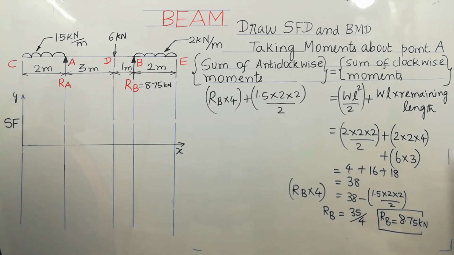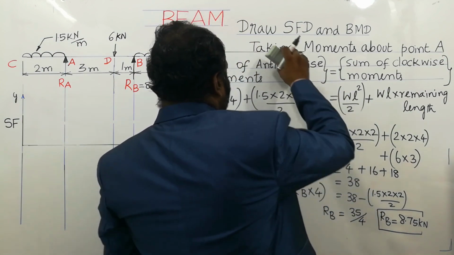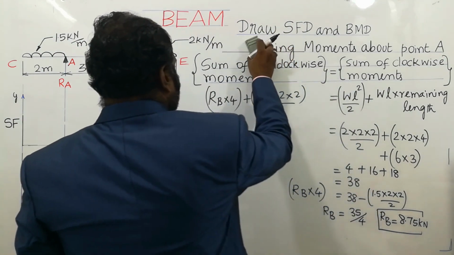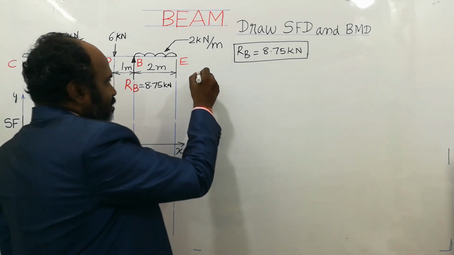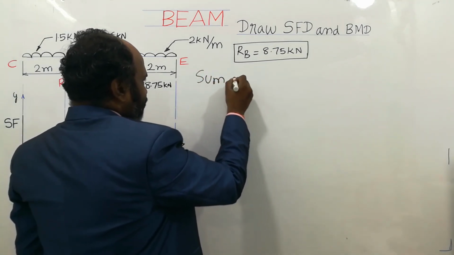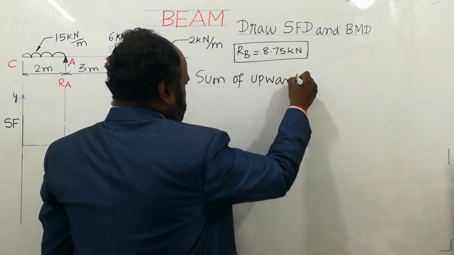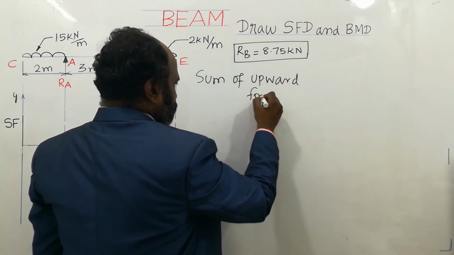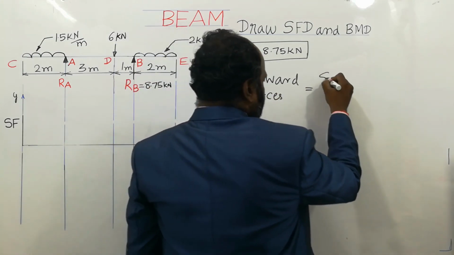So to find the RA value, we are going to take that sum of upward forces is equal to sum of downward forces. So let me erase this part. So listen to this. Next I am going to write sum of upward forces is equal to sum of downward forces.